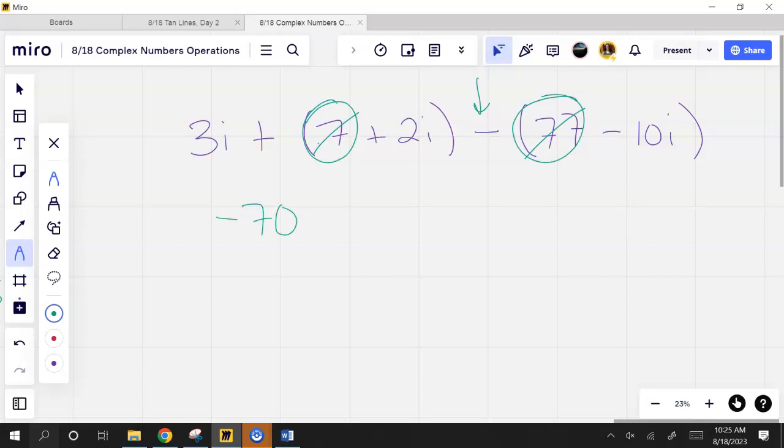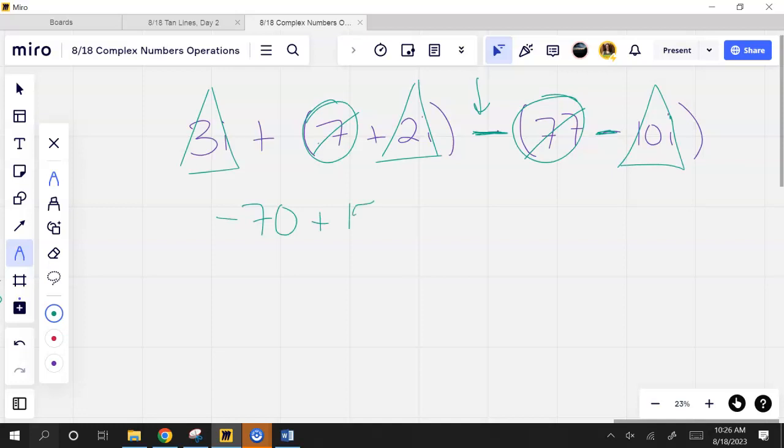Now let's put my i's together. I have 3i, 2i. Now careful because I've got minus negative 10i. So 3 and 2 is 5. What is 5i minus negative 10i?